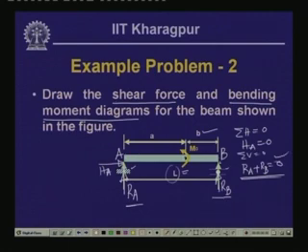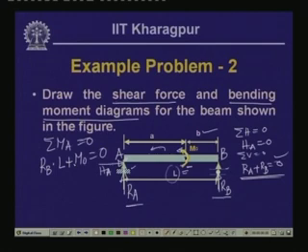Now, if we take the moment of all the forces with respect to A, and say that the moment with respect to A is equal to 0, then we have Rb into L, which is in an anticlockwise form. Also, we have the concentrated moment which is acting in an anticlockwise manner. So, this plus M0 is equal to 0.